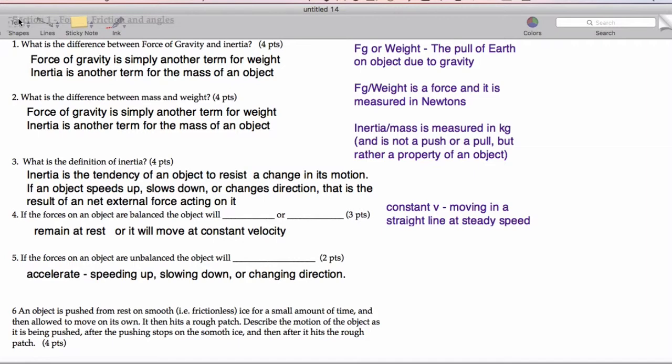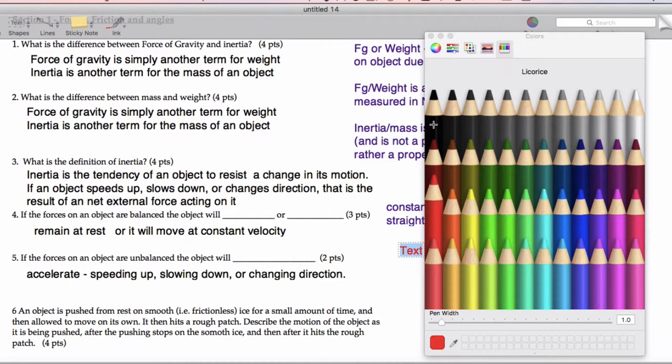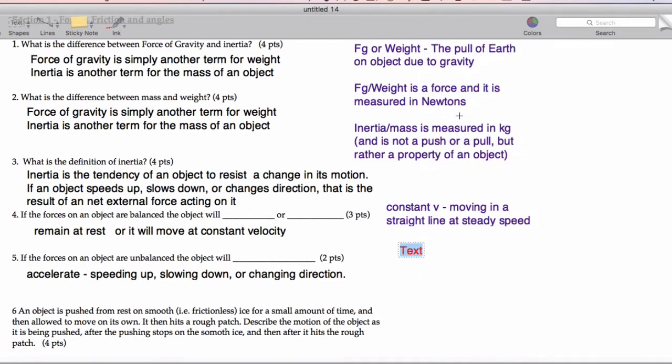So I want to make a note here on a common mistake that I see students make. I'm going to type up common student misconceptions and annotate those on this practice test, and I'm going to denote those in red, as a warning to let you know this is an idea that I see students confuse all the time. So let's be clear. If something is moving, that doesn't mean forces are unbalanced.